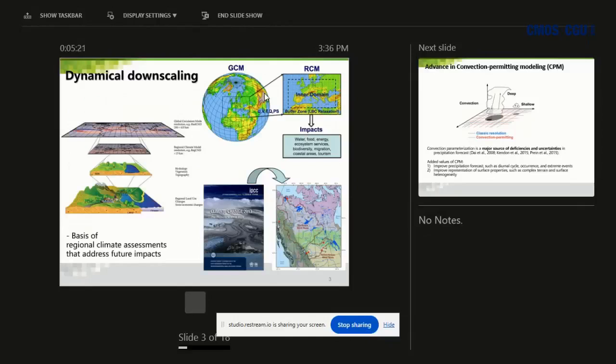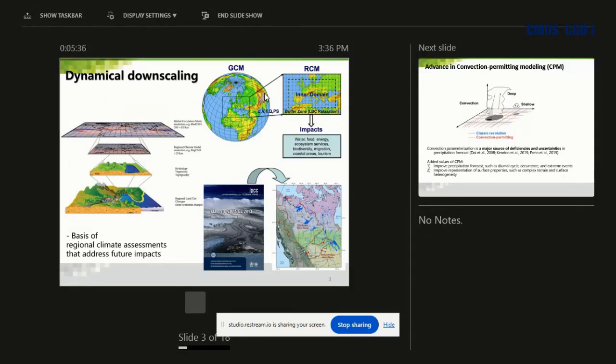There are several popular approaches, like statistical downscaling, which was used a lot maybe 10 years ago. And then later we started to use a lot of dynamic downscaling.